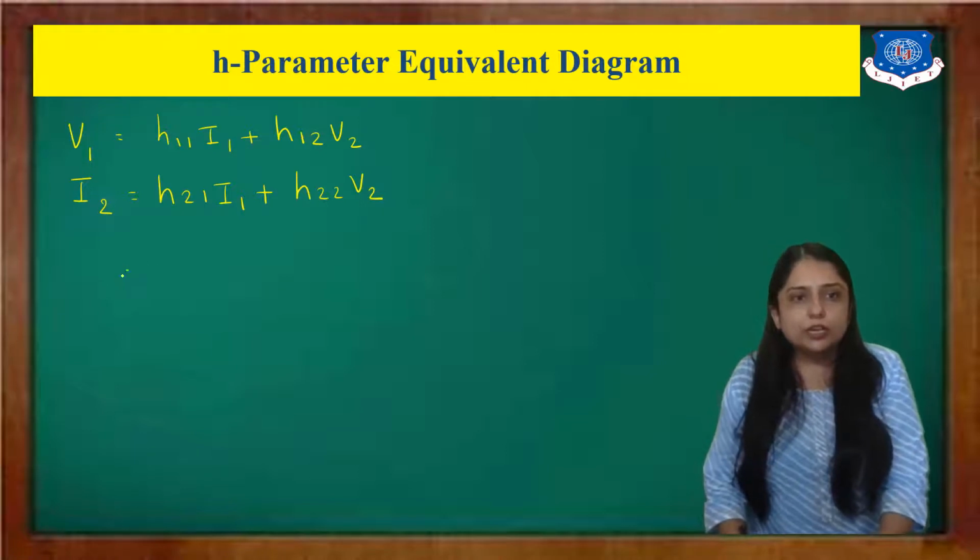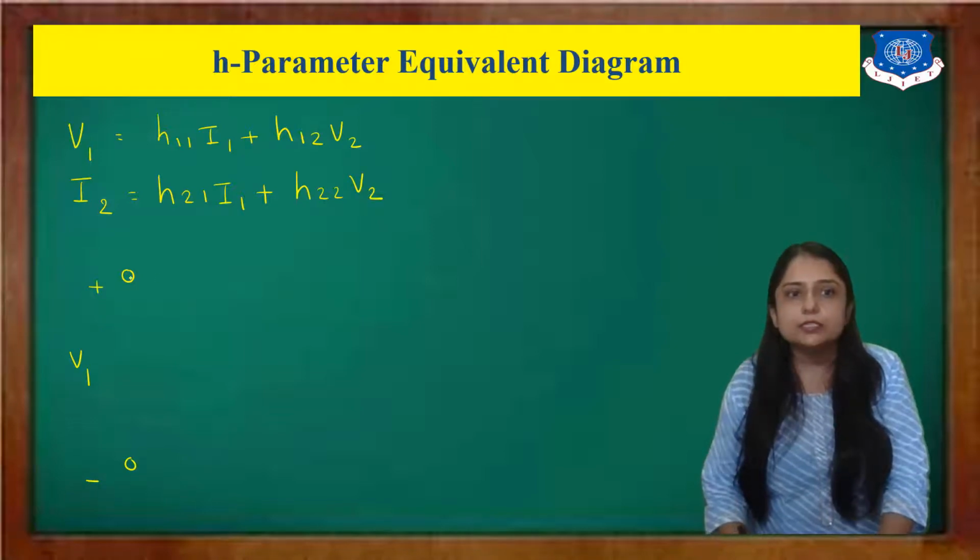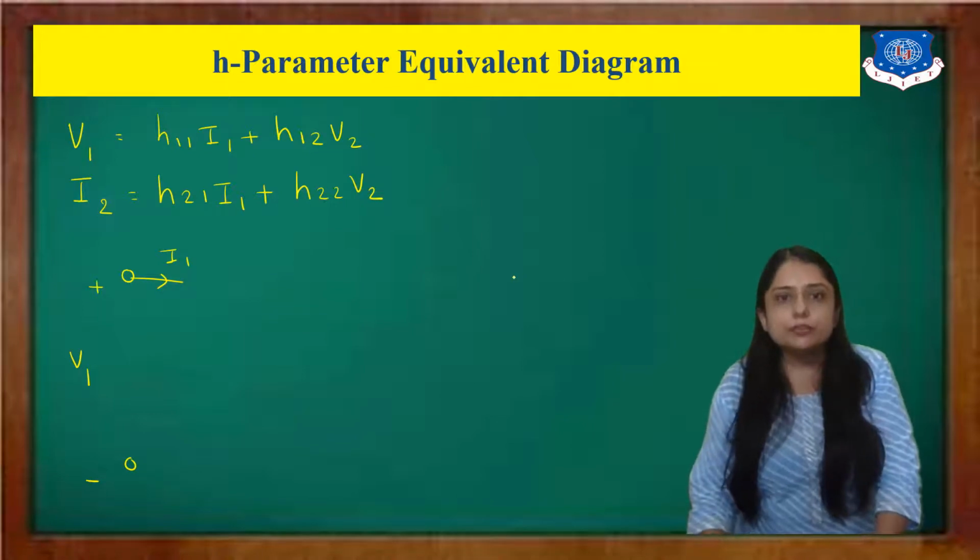Now for the equivalent diagram, this is my port V1, here I have a plus, here I have a minus, and this current is I1. Similarly, this port is the output port, and here the voltage is V2.